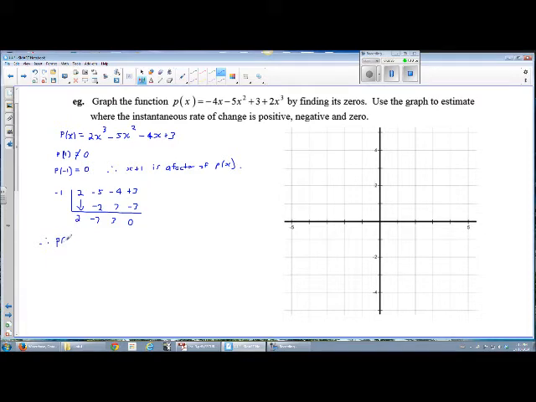Therefore, p of x equals x plus 1 times 2x squared minus 7x plus 3. And now we just have to factor this quadratic.